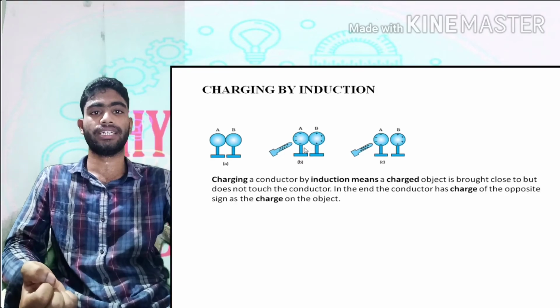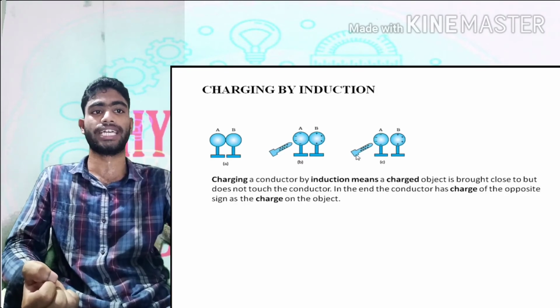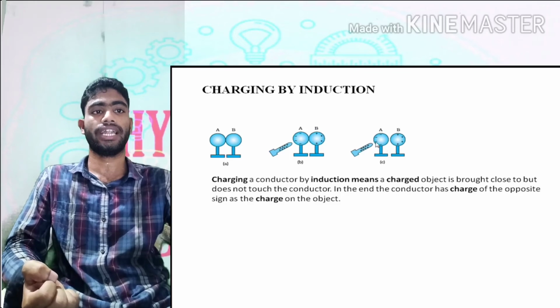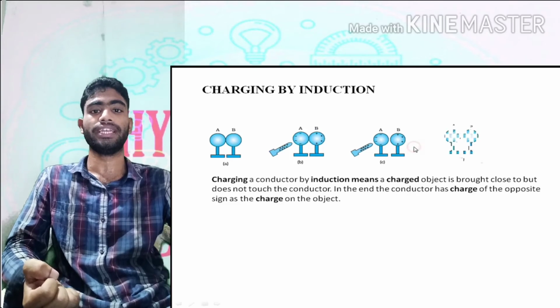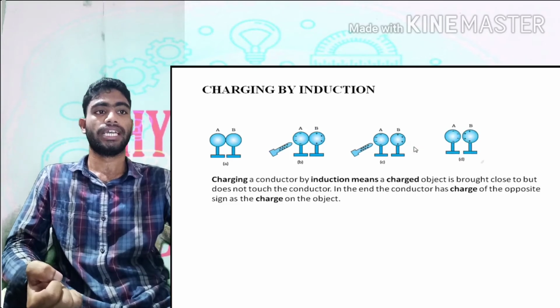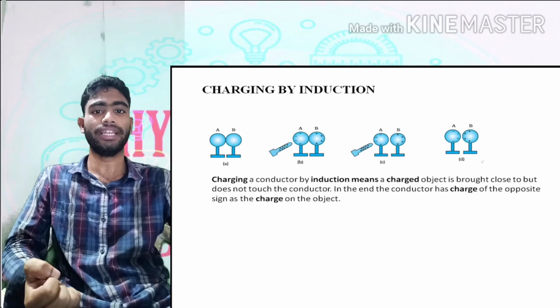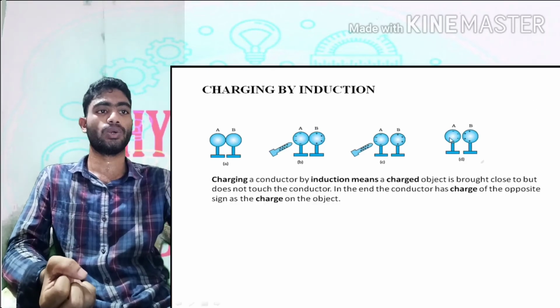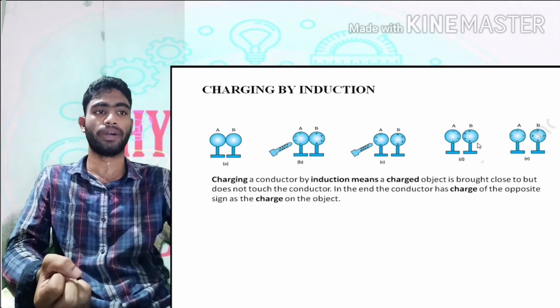So after that, when they get charged, just separate these two bodies, and you will find that body A and body B are charged. Body A gets negative charge and body B gets positive charge. Okay, and when you again put these two bodies near to each other, they get attracted because one has negative charge and one has positive charge.